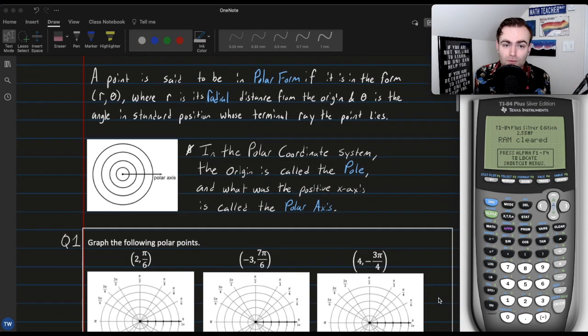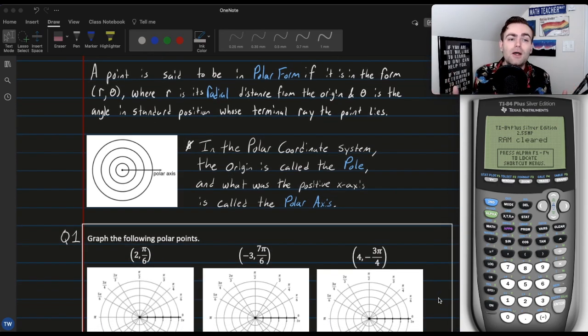So polar form, which is the new thing, describes a point by r comma theta, where r is the radial distance or the true distance from the origin, which we are going to call the pole, and the angle of the ray that the point lies on in standard position. So remember, standard position means that the initial ray is the positive x-axis.